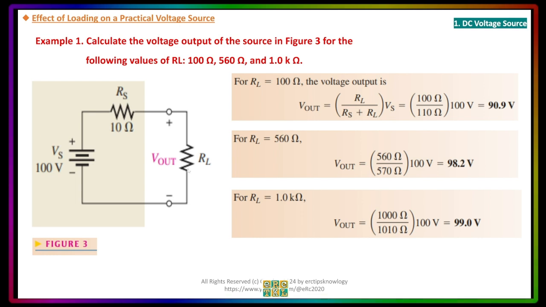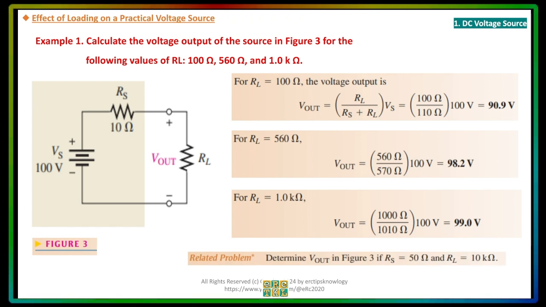But if the RL is very low compared with Rs, then a higher value will be given to Rs. Like here, we got only 90.9 in the output, but here we got 99. See, the difference is great.